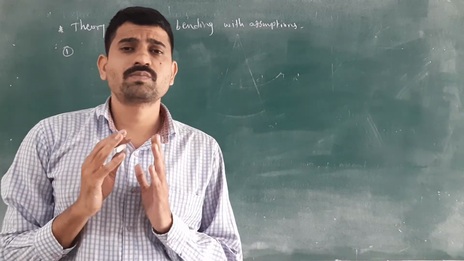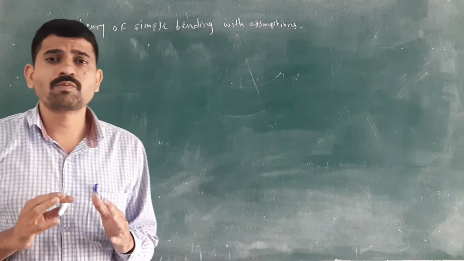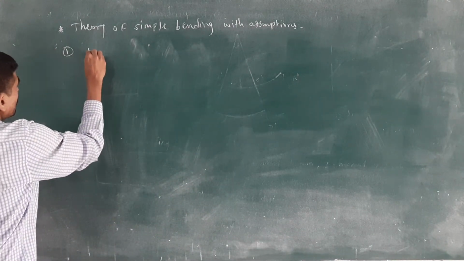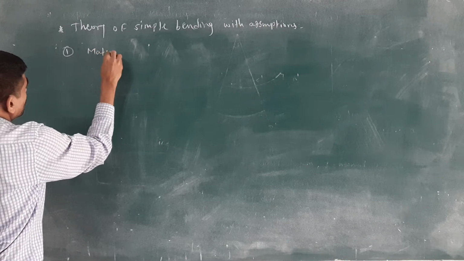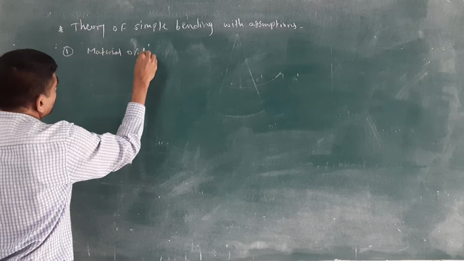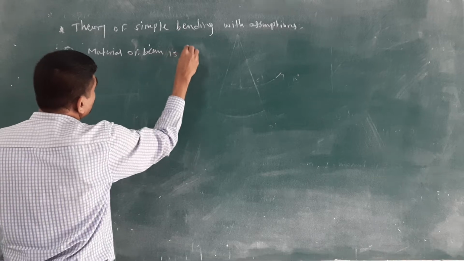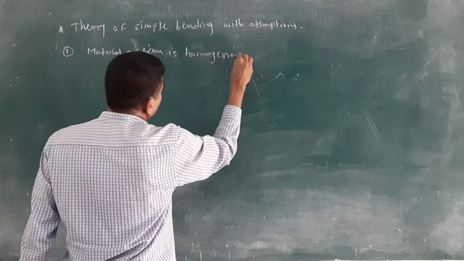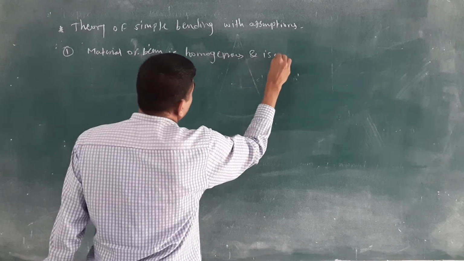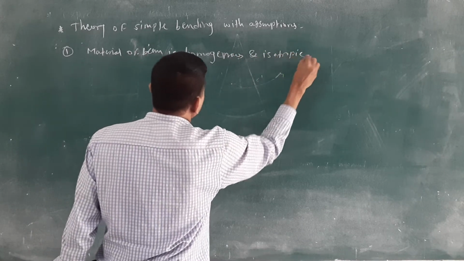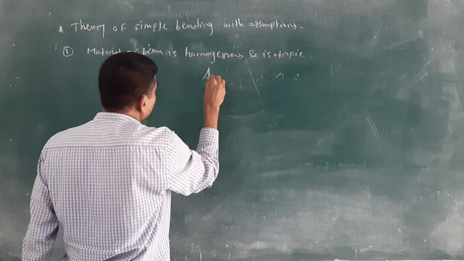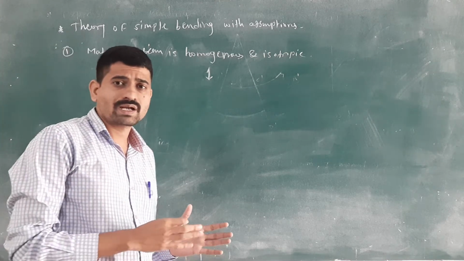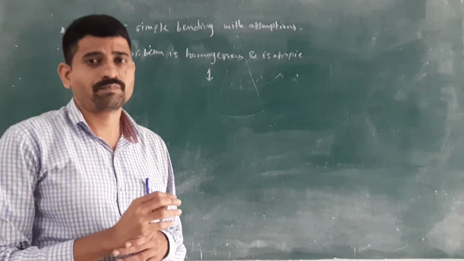The first assumption: the material of the beam is homogeneous and isotropic. Homogeneous means you will get the same material properties throughout.